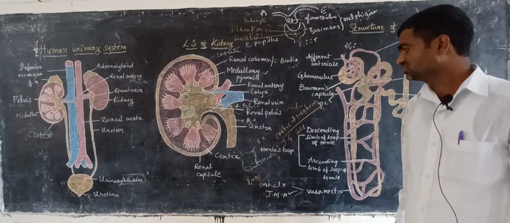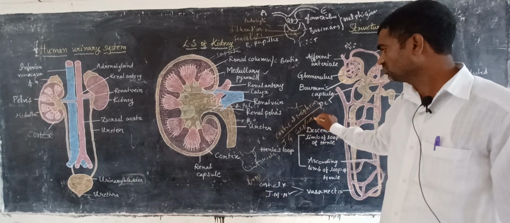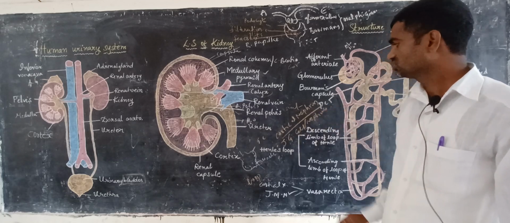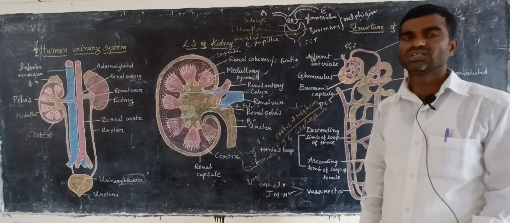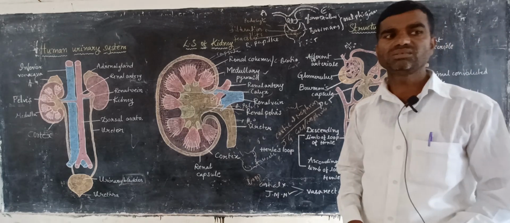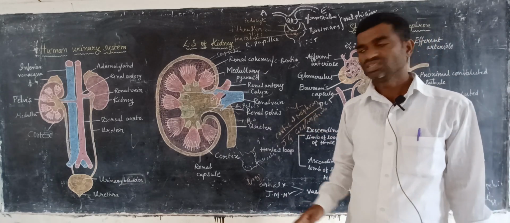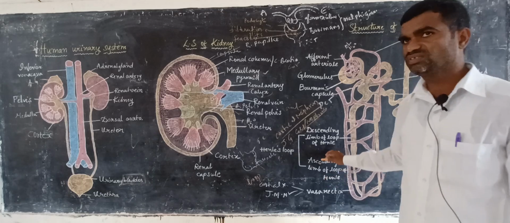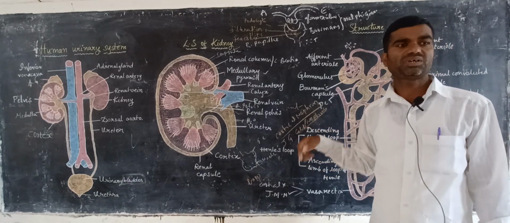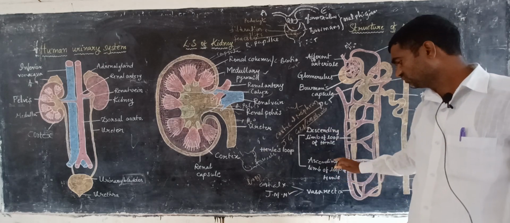So cortical nephrons have a very short loop of Henle, extending only a little into the medullary region. If you see here the juxtamedullary nephrons, the loop of Henle is very long and extends into the deepest part of the tissue. That is called juxtamedullary nephrons.